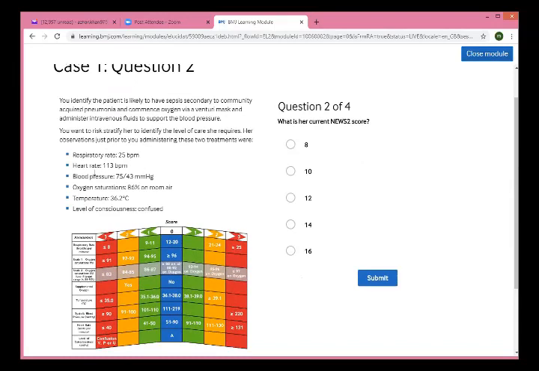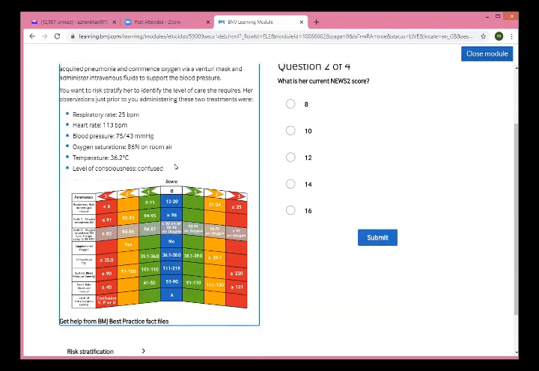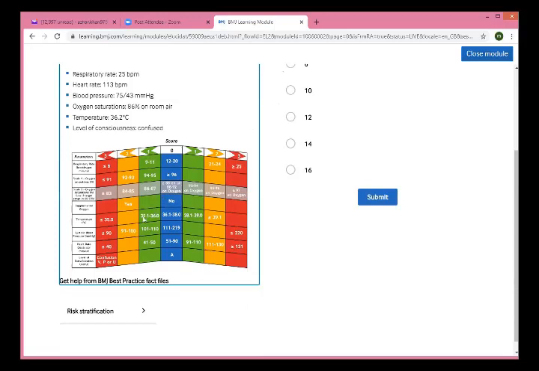Her observations were respiratory rate 25, tachycardic, low blood pressure, level of consciousness confused. So what is the scoring?